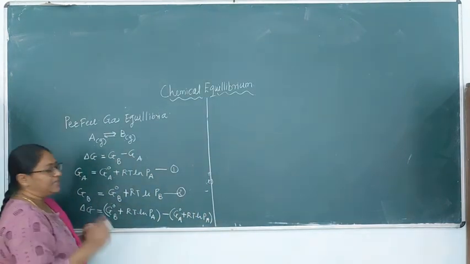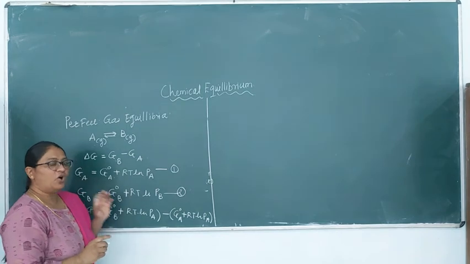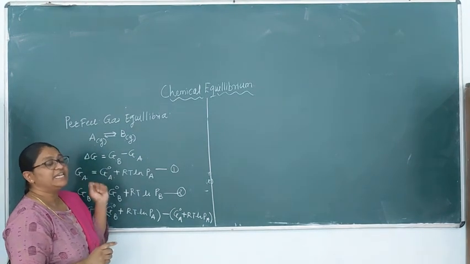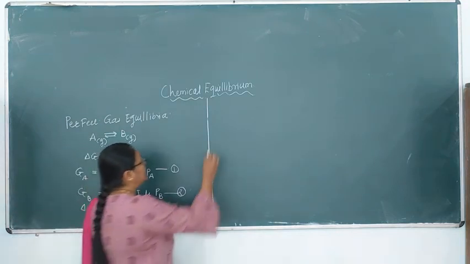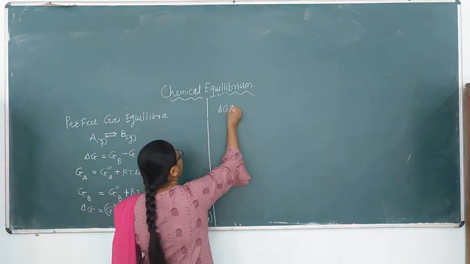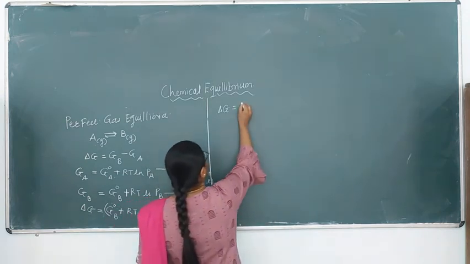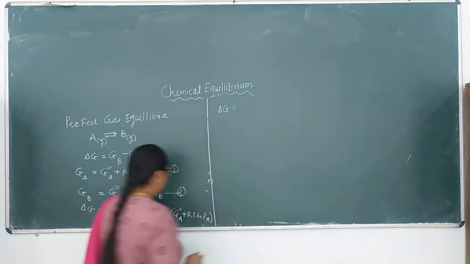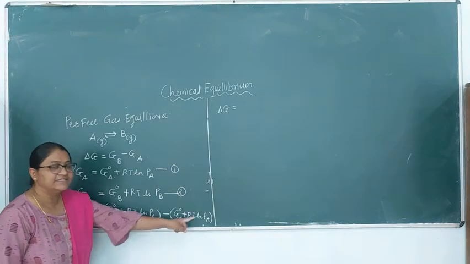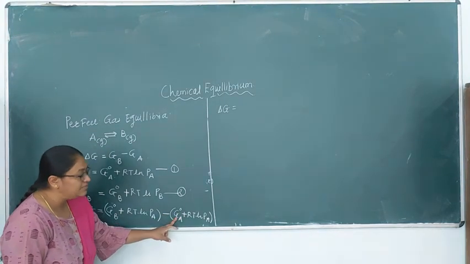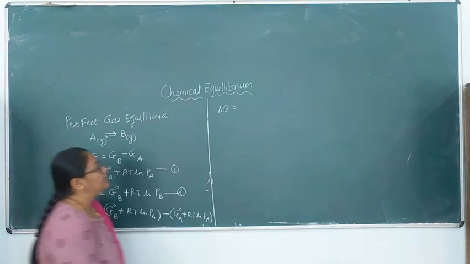PA and PB are the partial pressures of the reactants A and B respectively at equilibrium. So therefore, delta G is equal to these standard free energies. Now, if you apply this negative sign inside, that means you multiply with this negative inside, so this will become negative as well as this will become negative.